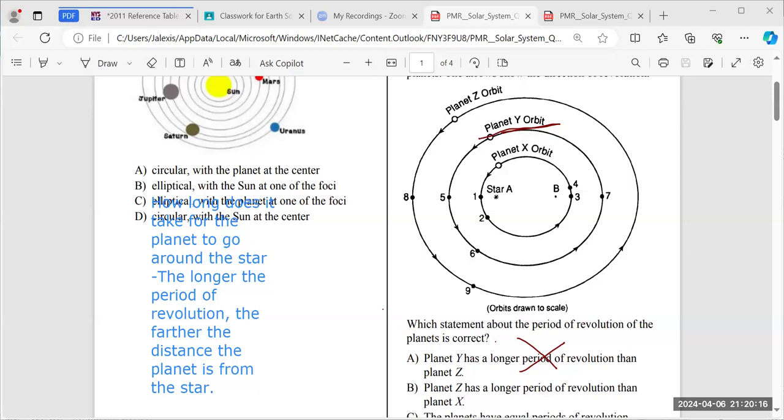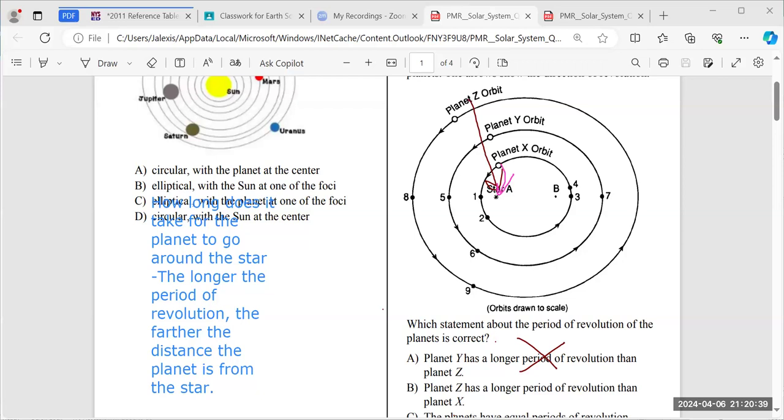Planet Z has a longer period of revolution than planet X. Well, is planet Z farther from star A? Yes, it is. If we take a look, planet X's distance to the star I measured in pink, and planet Z's distance from the star is in red.